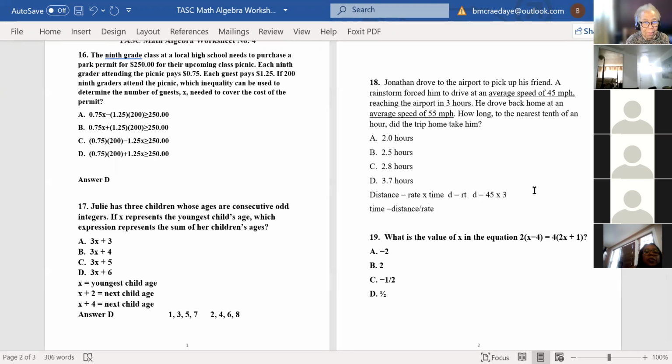Now, if he drives back home at 55 miles per hour, how long to the nearest tenth of an hour did the trip take home? The trip home is going to be the distance he traveled, which we calculated right here, divided by his rate of 55 miles per hour. That would give you his time in hours.